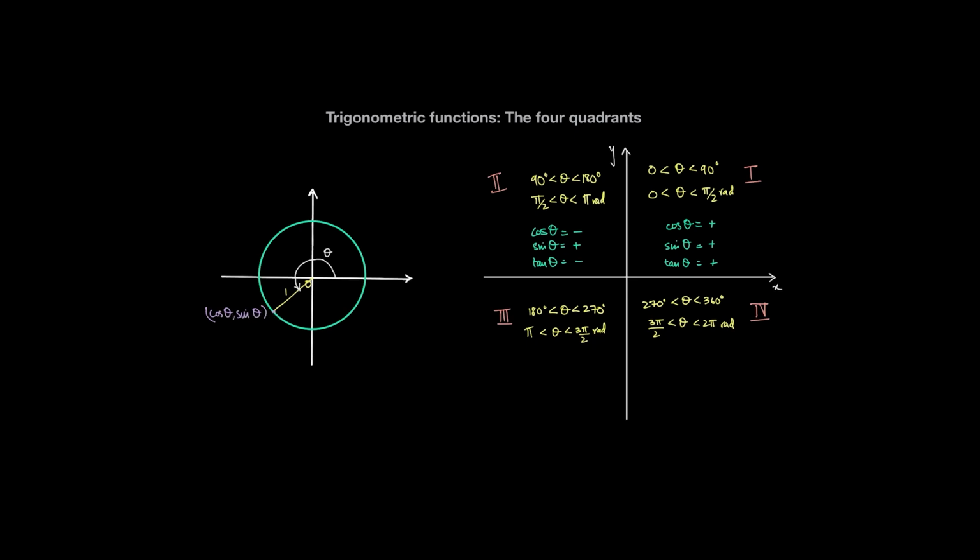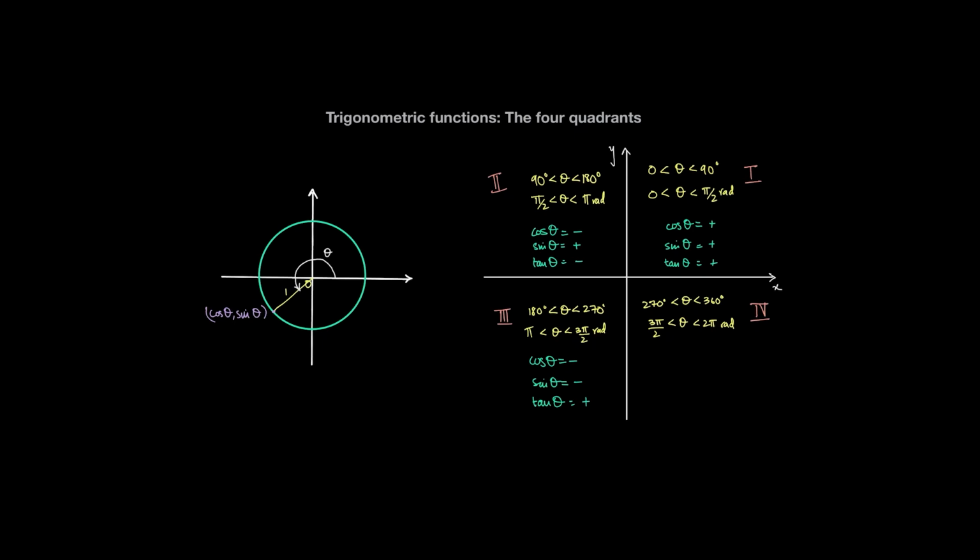So the cosine of theta is negative and the sine of theta is negative, but the tan of theta, the sine of theta divided by the cosine of theta, a negative number divided by a negative number, takes on a positive value.